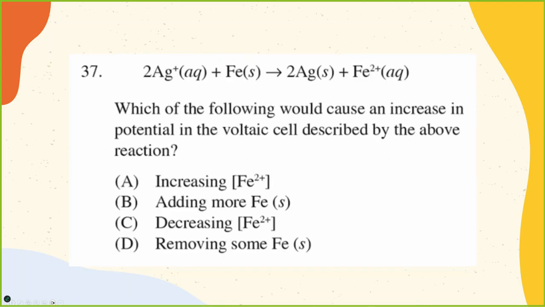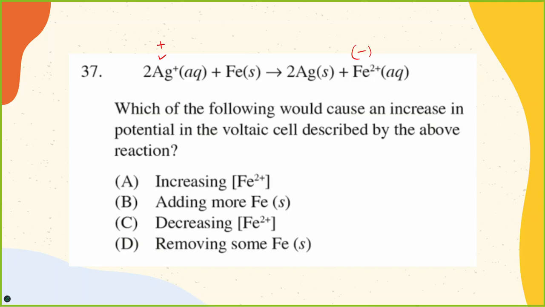All right, so which of the following would cause an increase in potential in the voltaic cell? Voltaic is the same thing as galvanic, if we haven't mentioned that. Described by the above reaction. So increasing this would work. Decreasing that would work. The solids I don't think really play. So increasing Fe, no, that's actually going to make E cell go down.